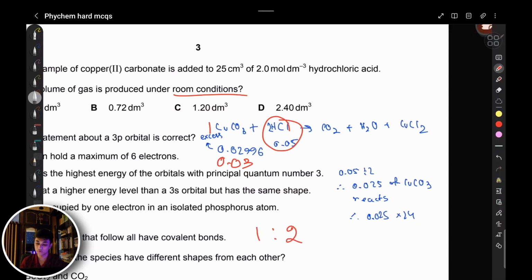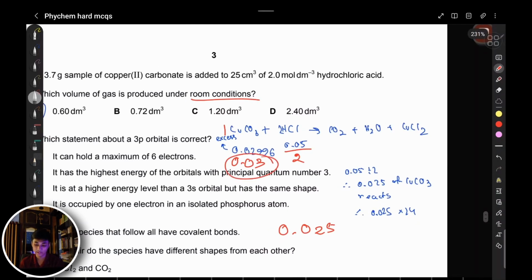1:2 ratio. So the amount in moles required for CuCO3 is only going to be 0.05 divided by 2, since 1:2 ratio, is going to be 0.025. Yeah, 0.025. But you have 0.03.